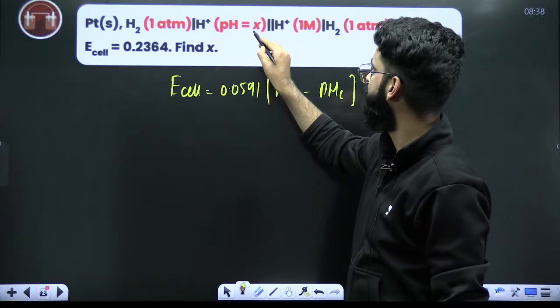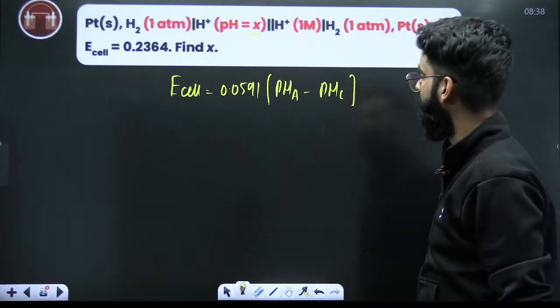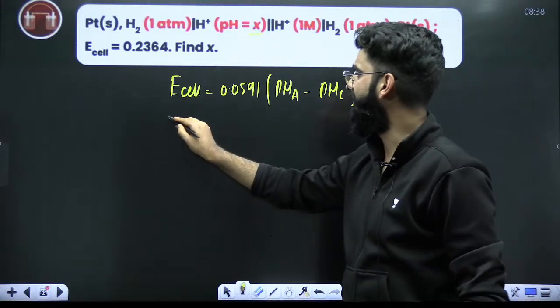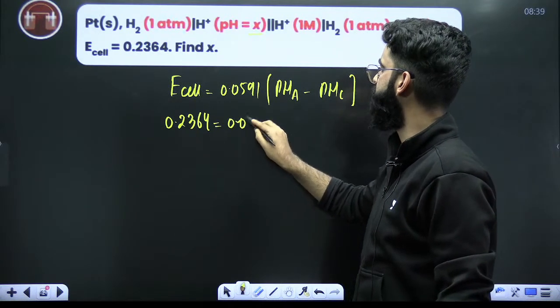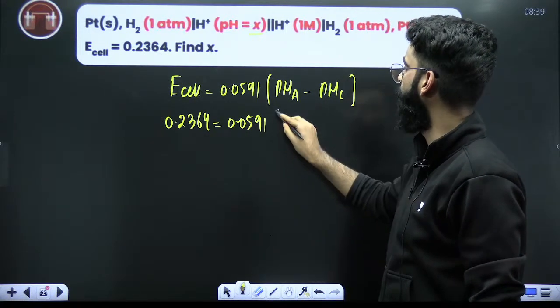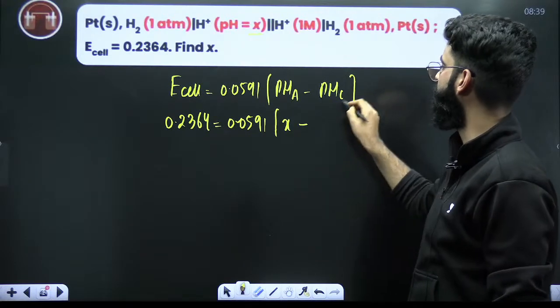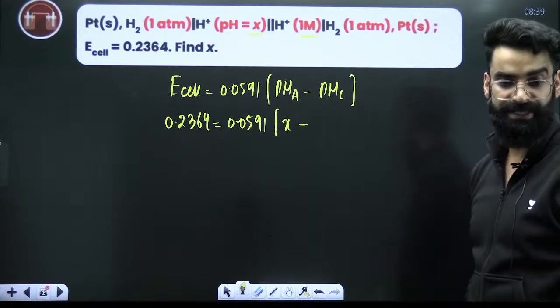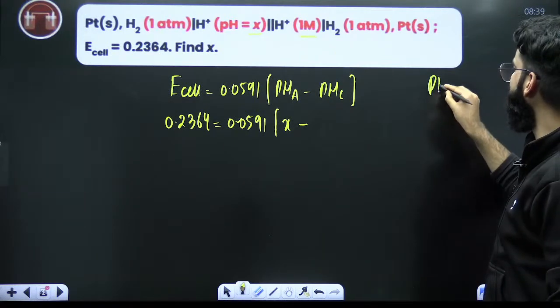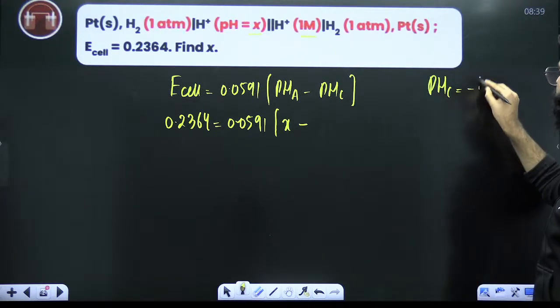We have to calculate X. So pH of anodic container we have to calculate. What is E cell value? It is 0.2364 is equal to 0.0591 times pH of anode, which is X, minus pH of cathode. In the cathode, what is the H positive concentration? That's 1 molar. So I'll say pH of cathode is equal to... P stands for minus log.